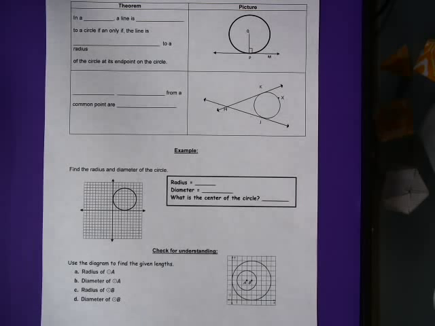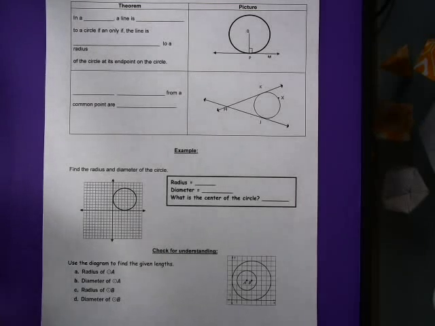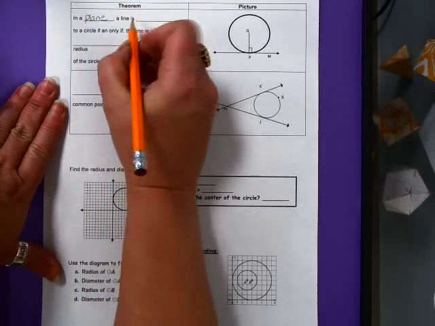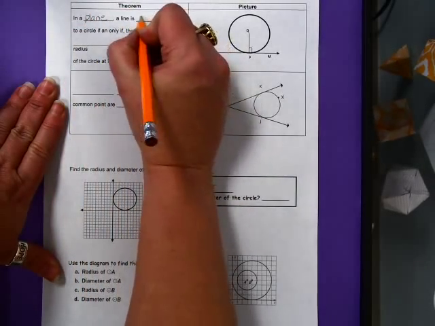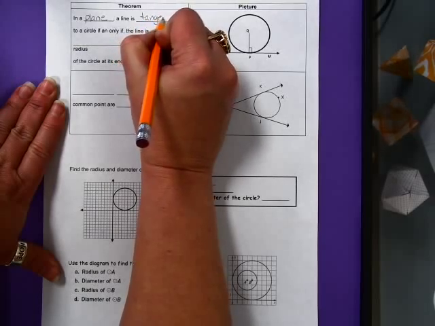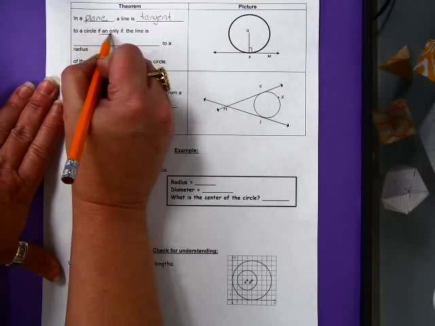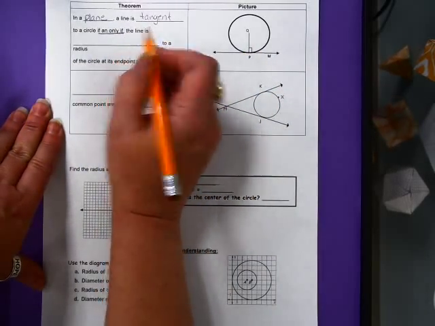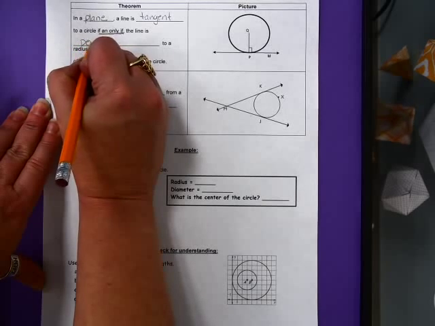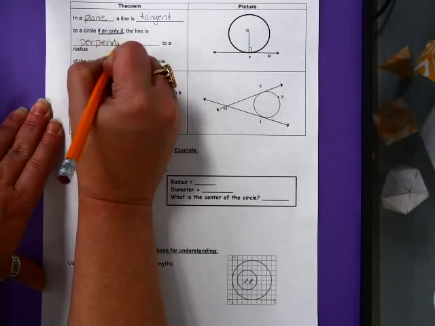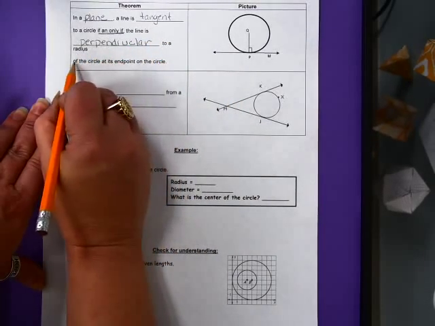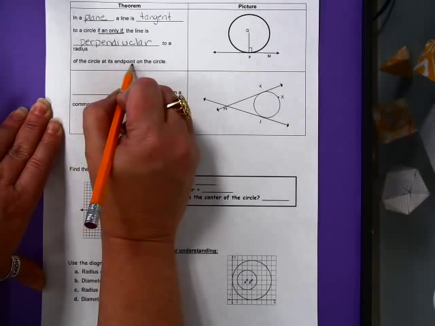Our first theorem is talking about a tangent, and in this theorem it says, in a plane, a line is tangent to a circle if and only if, so that means it goes both directions, the line is perpendicular to a radius of the circle at its endpoint on the circle.